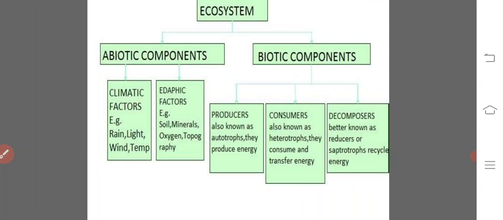Here the abiotic components include the non-living physical factors that may influence an organism or ecosystem. These can be further divided into edaphic factors as well as climatic factors. Edaphic factors of the environment are like soil texture, soil structure, soil pH, soil moisture, and soil nutrients like organic carbon, nitrogen, calcium, phosphorus.